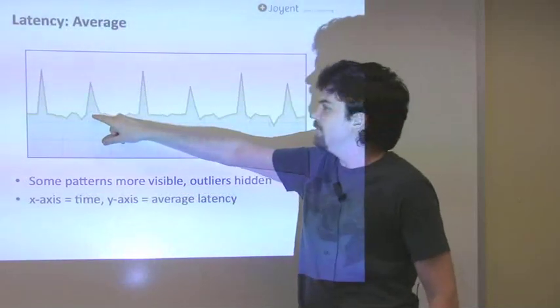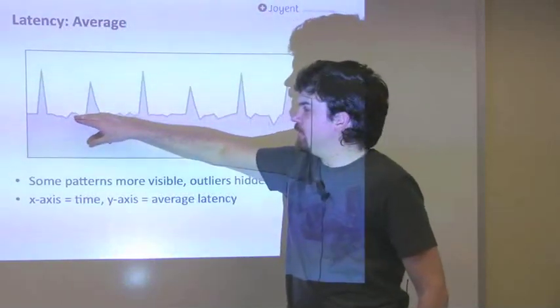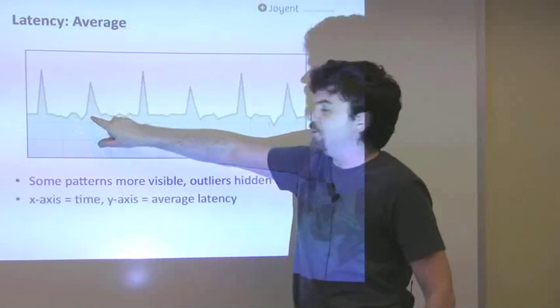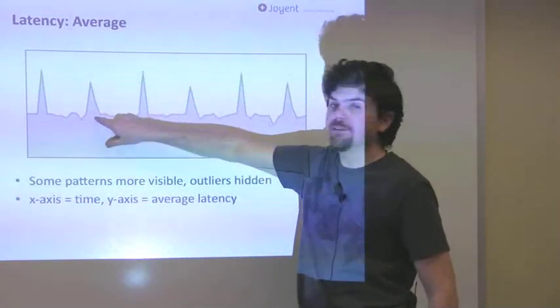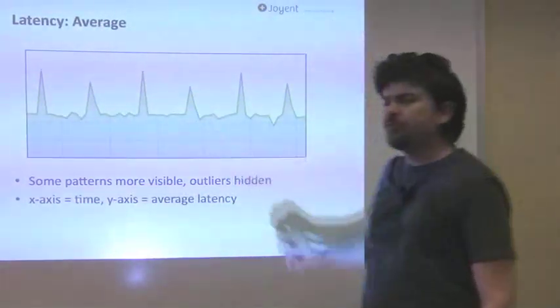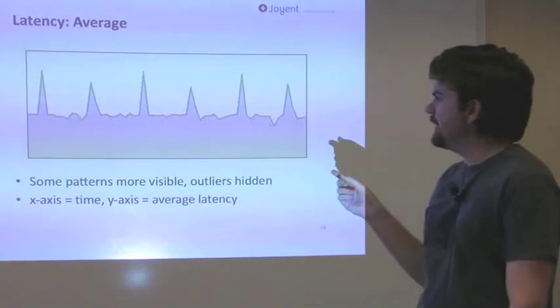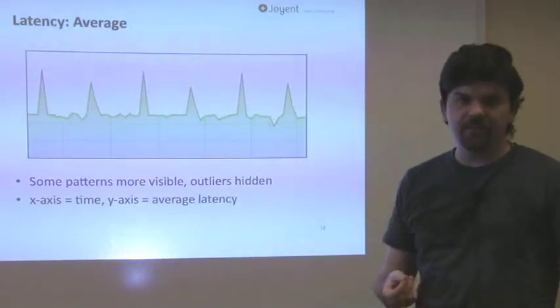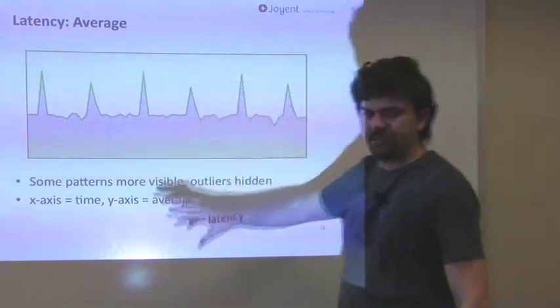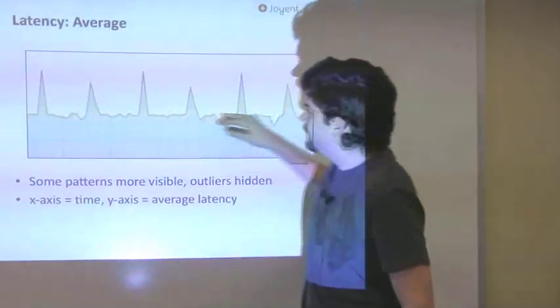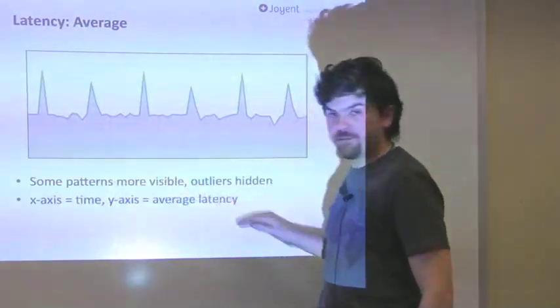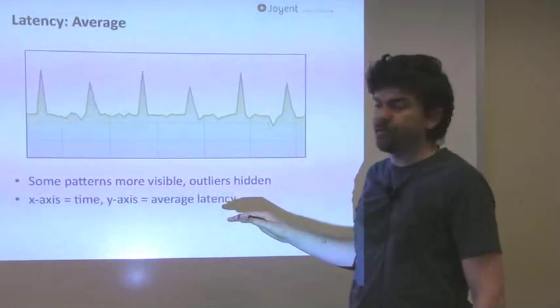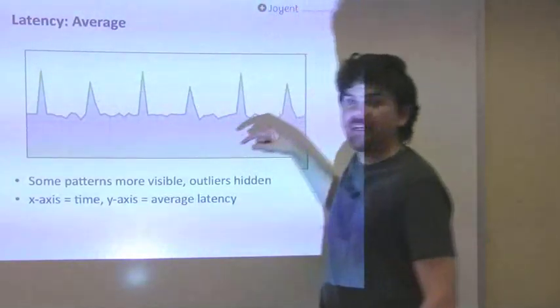For whatever reason, here we're doing 5,000 queries, and here we only do one query, and that's the time for one query. It's really actually hard to understand what this means because we don't have the count as well. So some people try and solve that, so they'll have the average, and then they'll have the count of events as well as a separate graph. They might have another line here for the maximum.